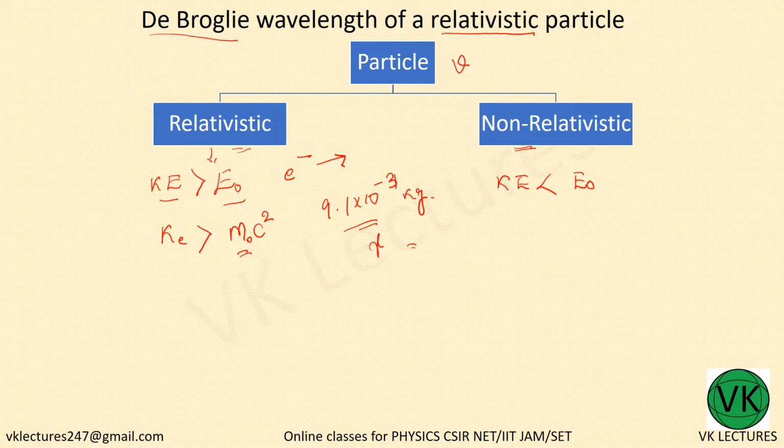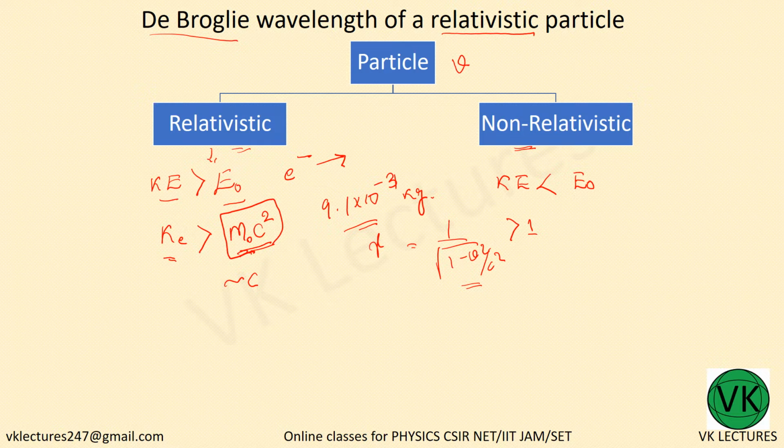Gamma is equal to 1 by under root 1 minus v square by c square, which is greater than 1. So as the particle starts moving, its mass increases, and that is why its kinetic energy will increase as the velocity goes near c. The rest mass energy is a constant for a particle.